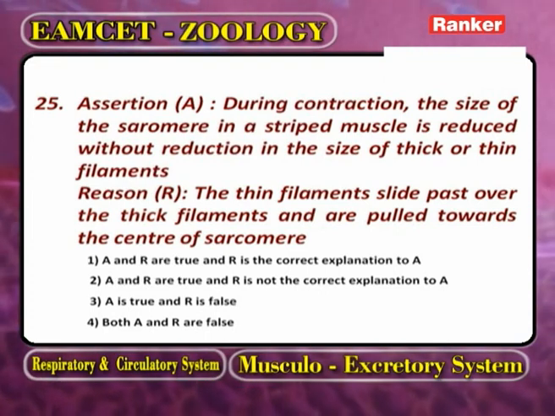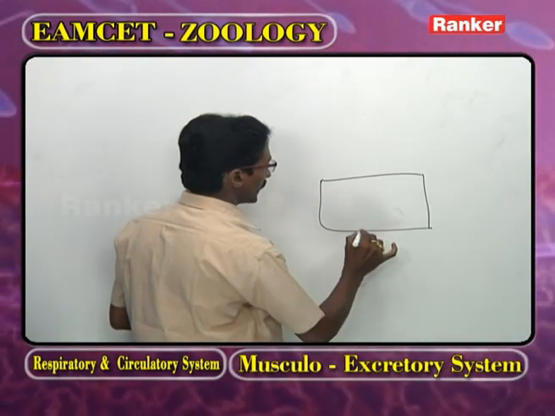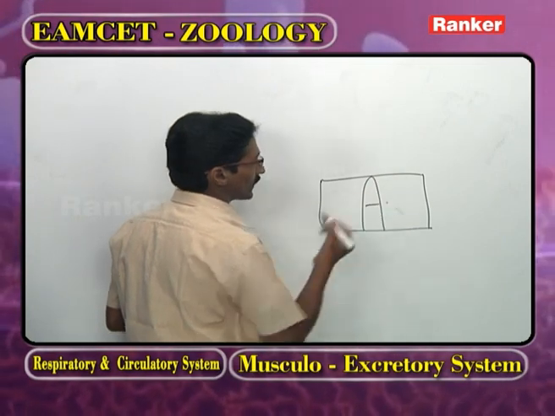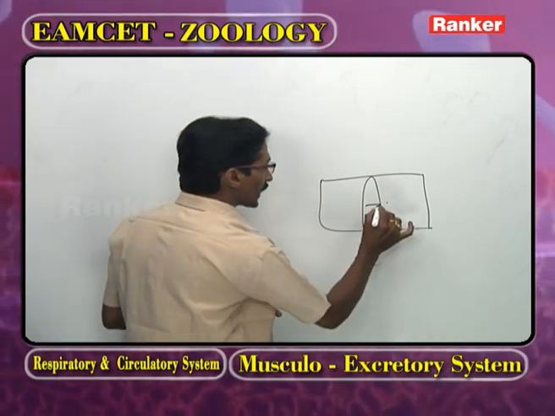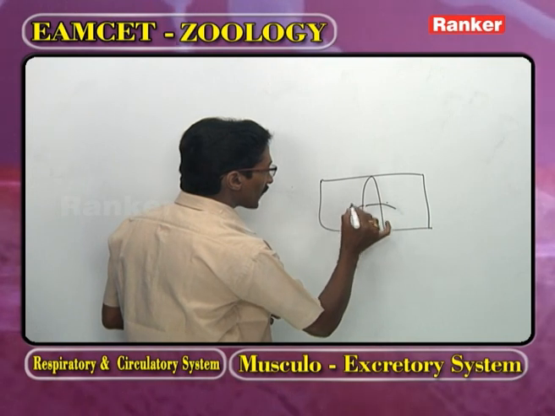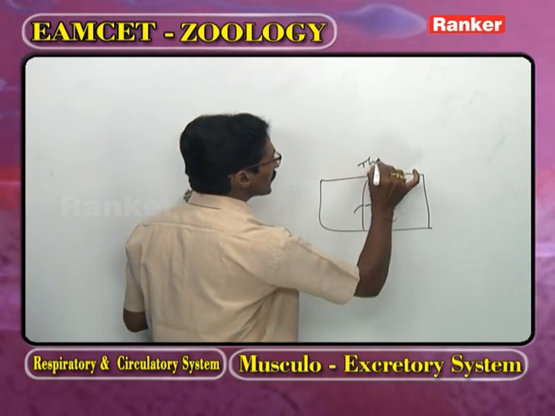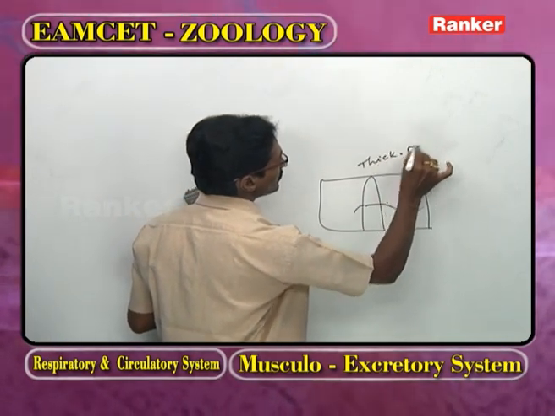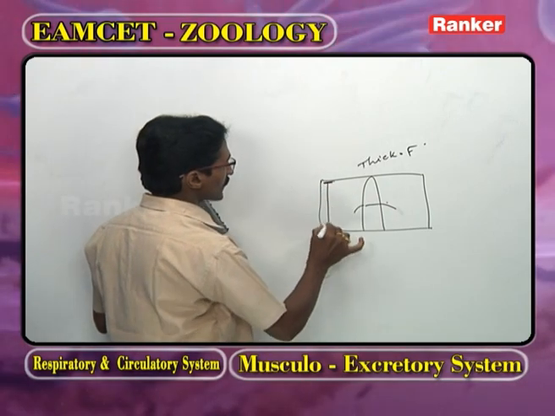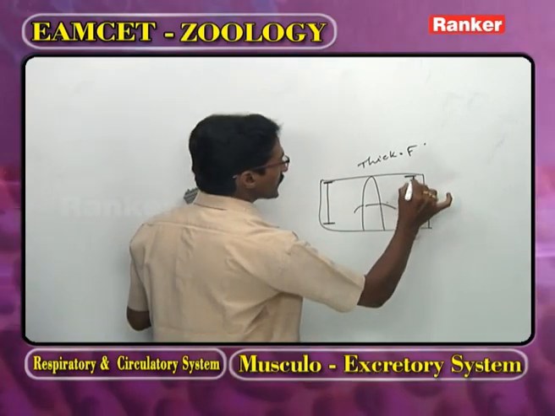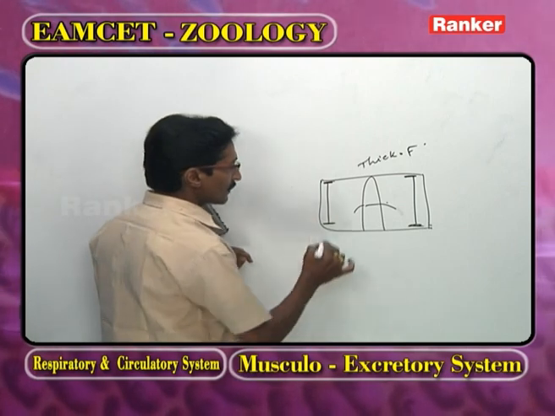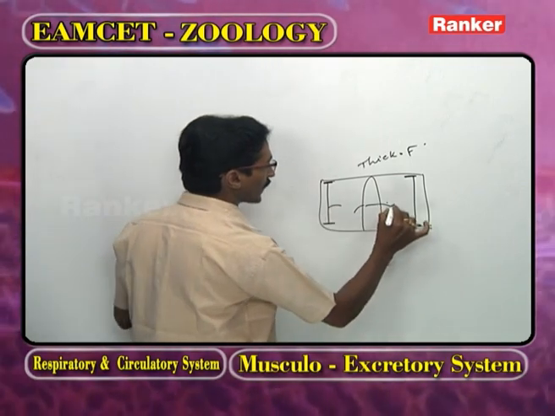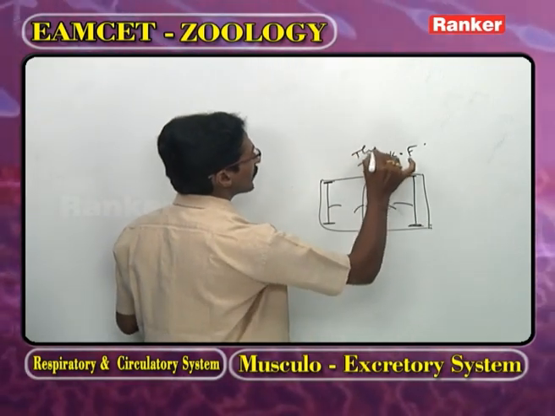Now this is the muscle cell and this is A band. From the A band, what type of filaments will arise? The thick filaments. And this is I band. From the I band, what type of filaments will arise? Thin filaments.